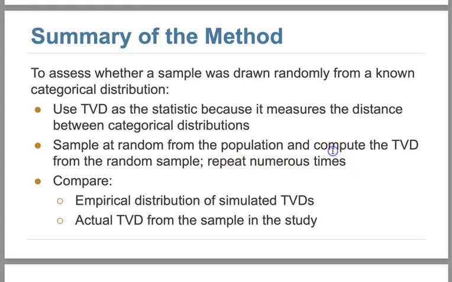After the simulation, we create our empirical distribution of the simulated TVDs. Then we compare the distribution with the actual TVD to see how they look. If it is far from the distribution, then we know they are biased.